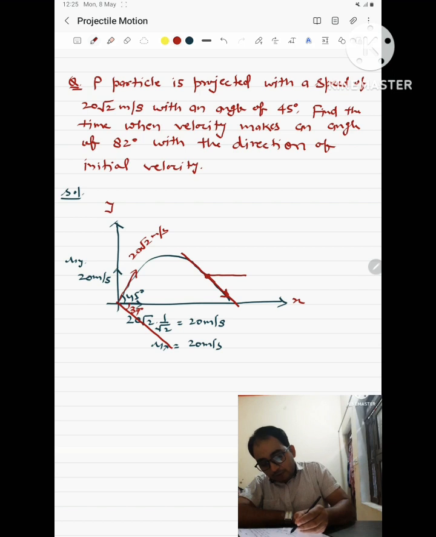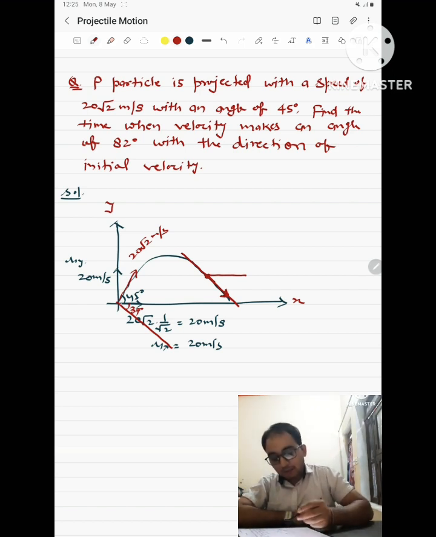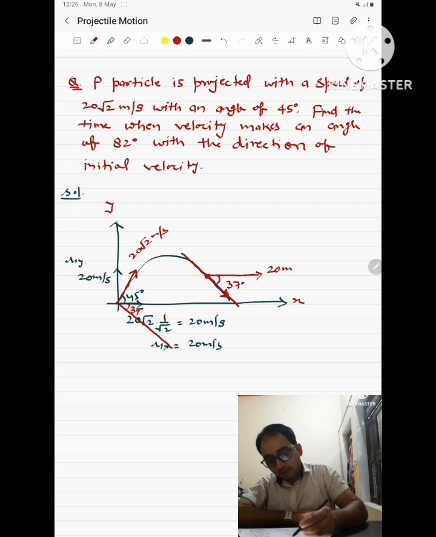So at this moment, the angle between the initial velocity vector and this velocity vector is 82 degree. So this angle will be 37 degree, and this x-axis component is 20 meter per second.